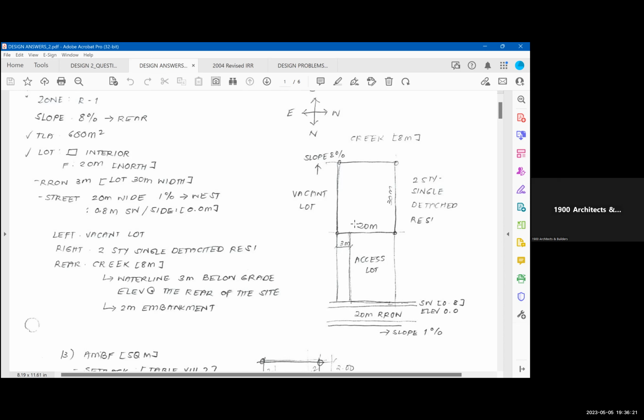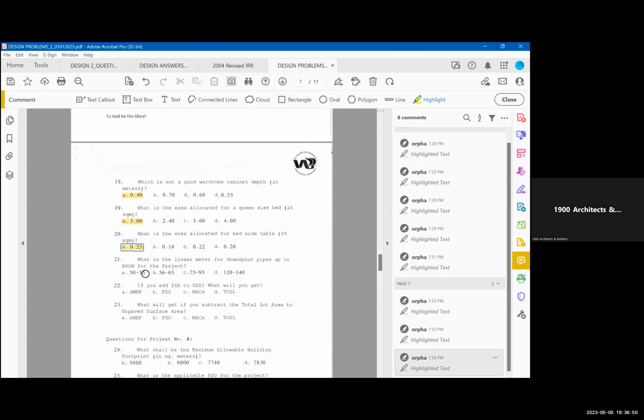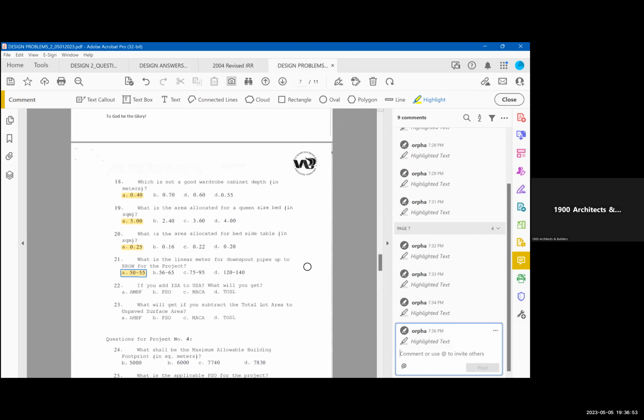Kasi hindi naman niya sinabi kung saan yung downspout. So, medyo tricky yung question na to. Nung sinagutan din namin to, kinompute pa namin. But actually, it's the nearest. So, ibig sabihin, it's between the 50 to 55. So, letter A ang answer dito.